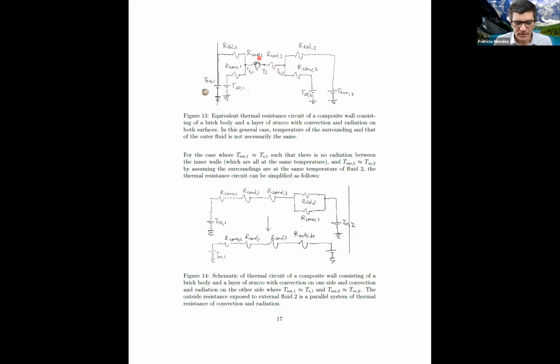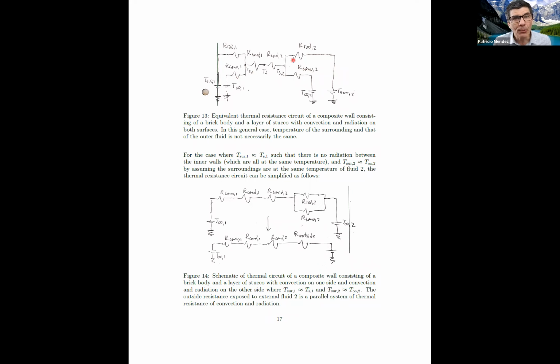So this part is what we started with. It's here. Then we have the heat transfer by convection, which we also saw is this part here. This is the heat transfer by convection from one surface and the heat transfer by convection on the other surface.